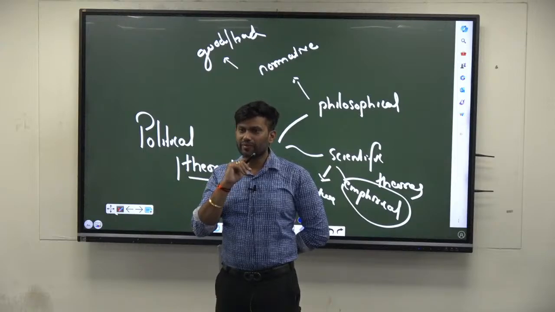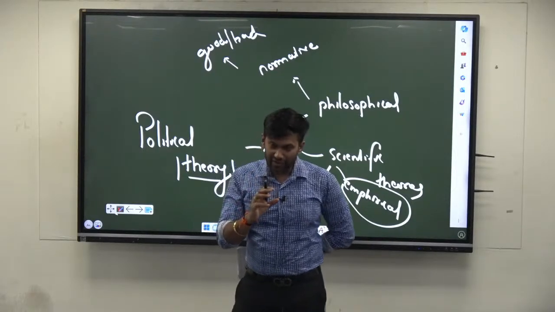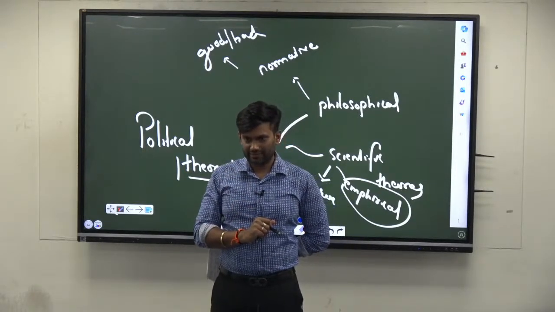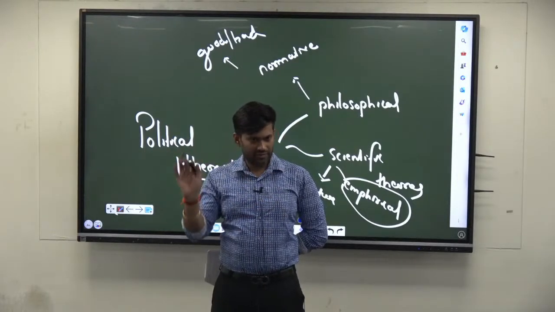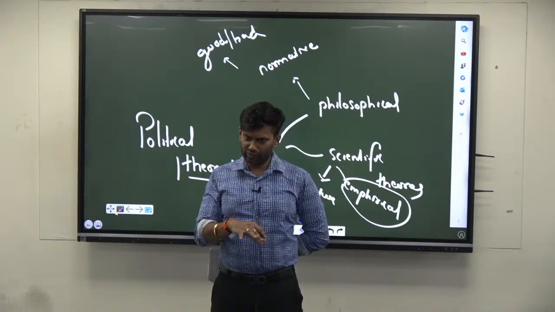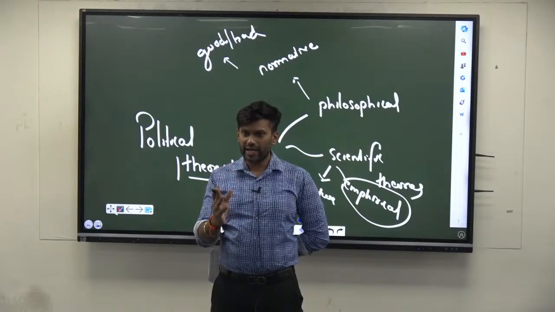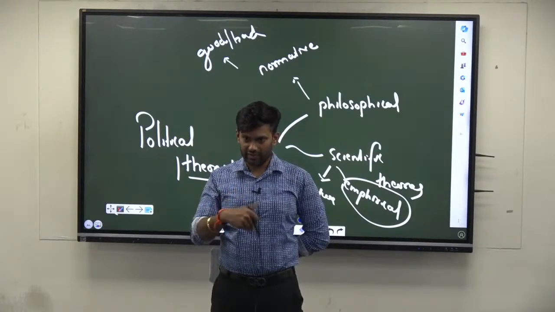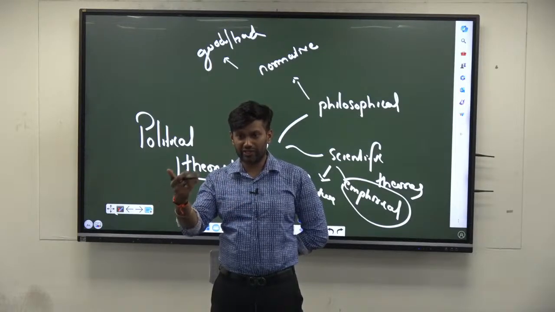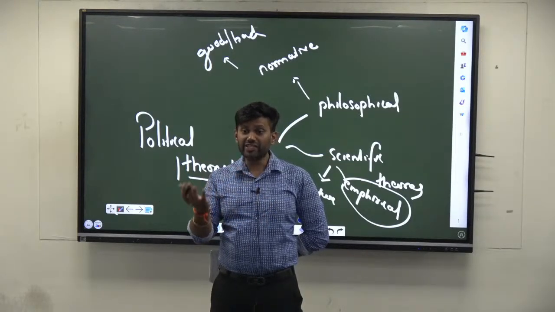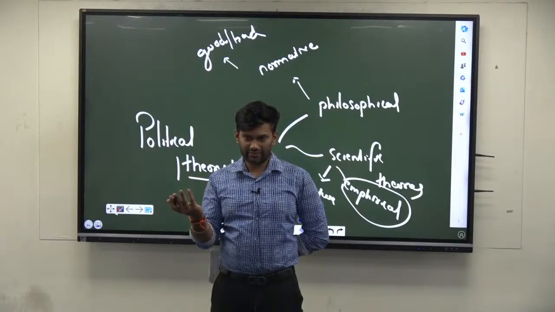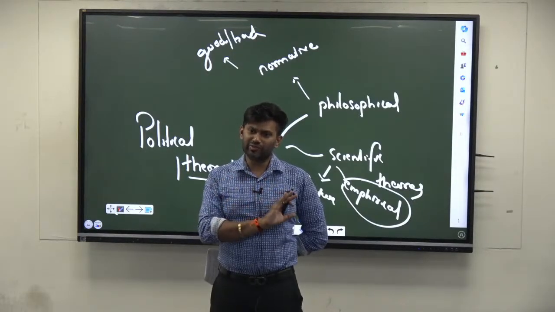What is that philosophical approach? He gives something called the theory of souls. He says every individual has a soul. The whole universe, every individual, is comprised of soul. And he says that every soul has three elements, three parts to it: appetite, reason, courage.